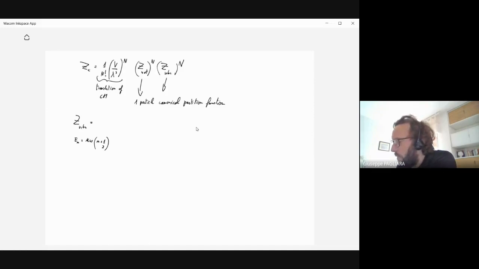And therefore here I will have a constant that I will say in a moment what it is, times the sum from 0 to plus infinity of e to the minus beta h bar omega times n, where the constant k is just the exponential of minus beta h bar omega divided by 2.